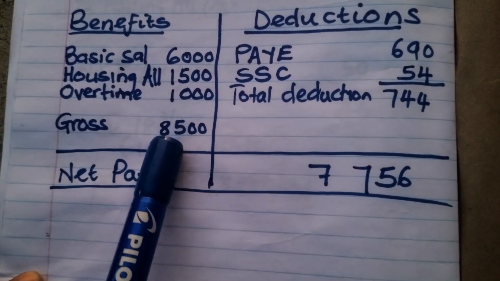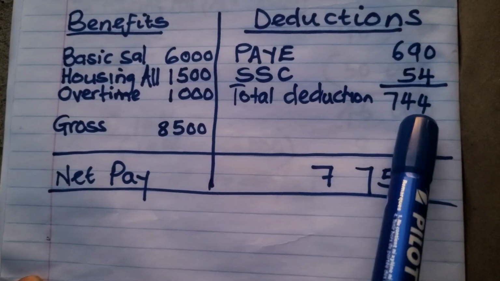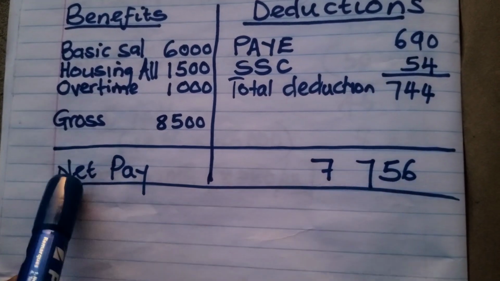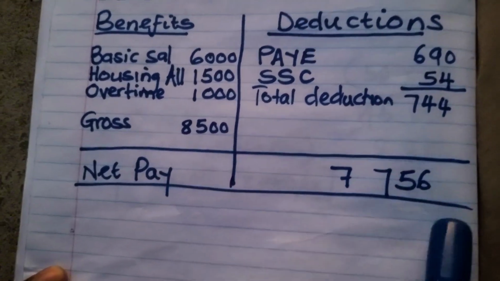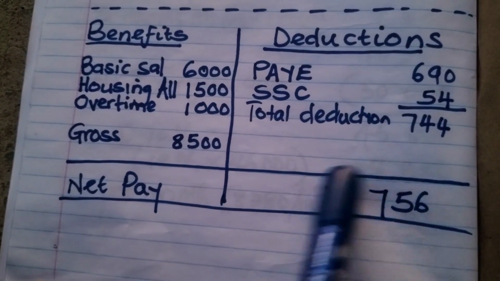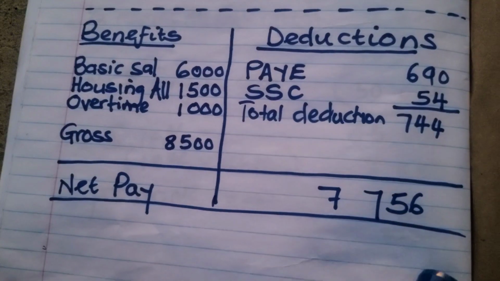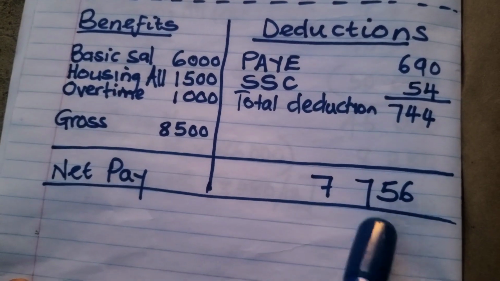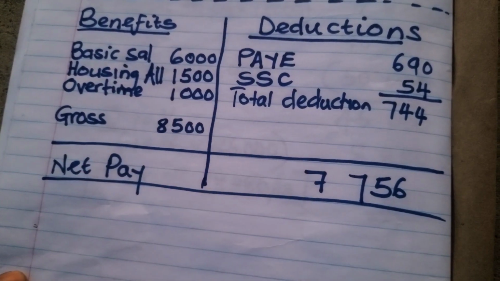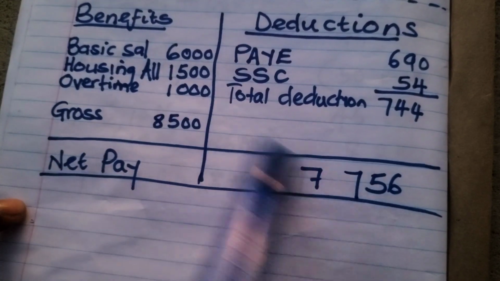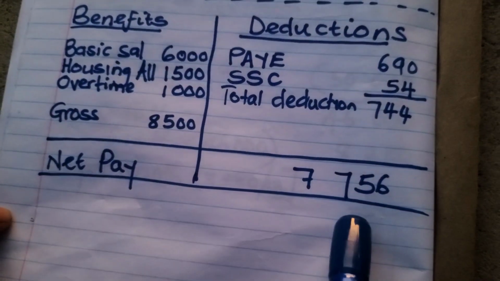If we subtract the total deduction from $8,500, we get the net pay of $7,756, which is what Mr. Petrus Lucas, our comrade here, was earning from 1 March to 31 August this year.